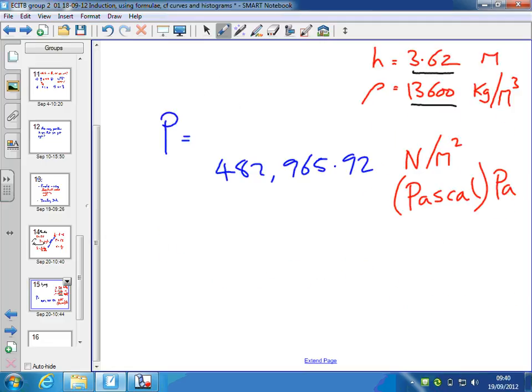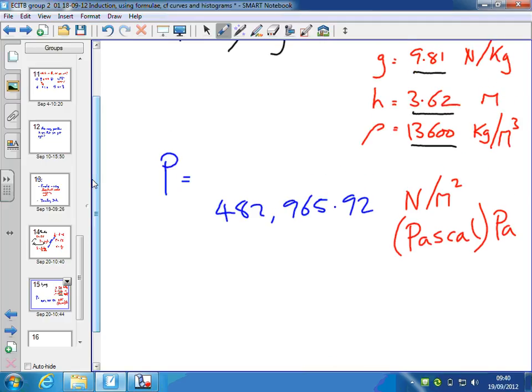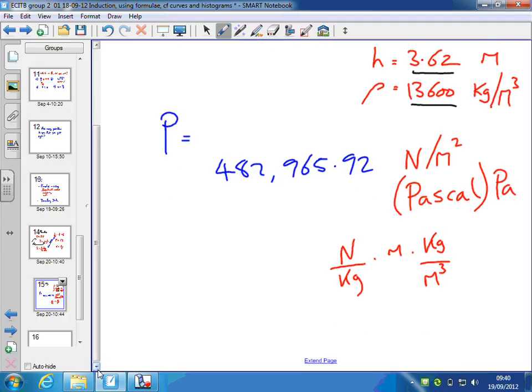As a little aside, we were talking about units, Cameron. The unit for pressure is the Newton per meter squared. And so that unit times that unit times that unit should give this unit. So newtons per kilogram multiplied by meters multiplied by kilograms per cubic meter should give this.